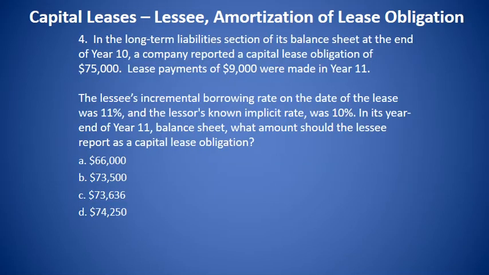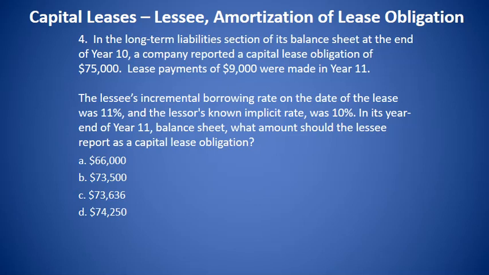Let's try number 4 now. In the long-term liability section of its balance sheet at the end of year 10, a company reported a capital lease obligation of $75,000. Lease payments of $9,000 were made in year 11.